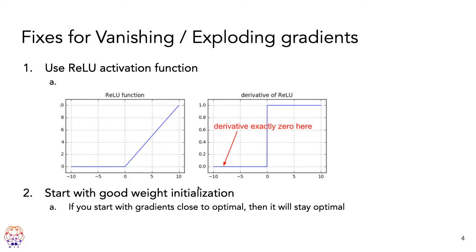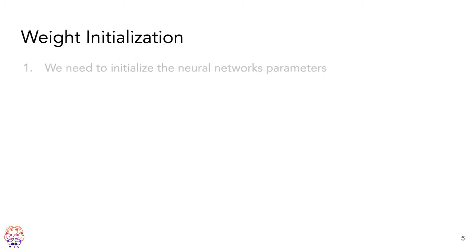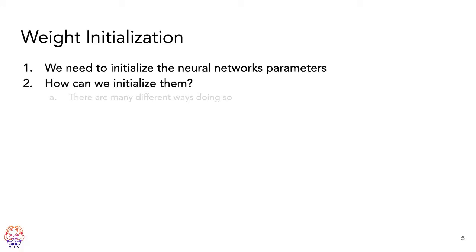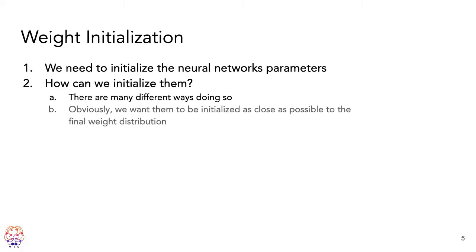Okay, so that's that. So how exactly do we do weight initialization? There are many ways. We could just set it to an arbitrary number or set it randomly. Usually we make it random. But we do want to make the initialized weights as close to the final weights as possible.